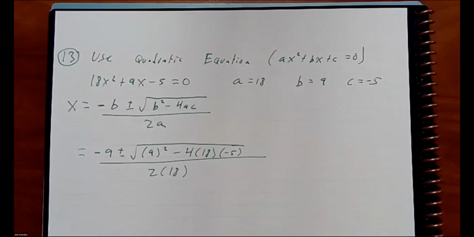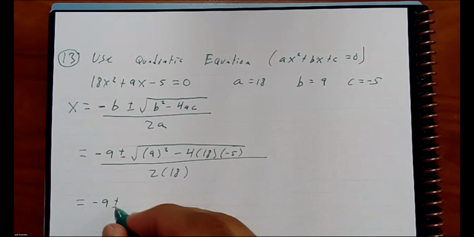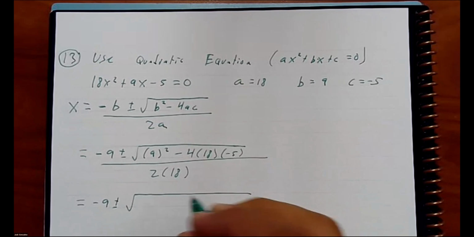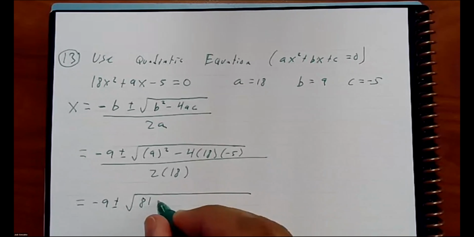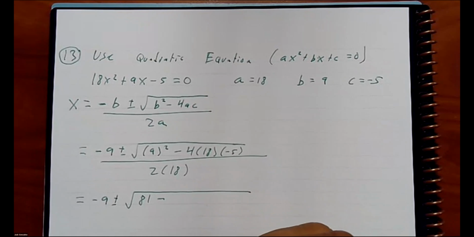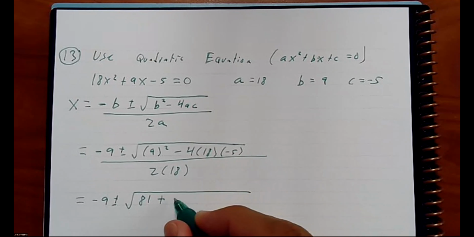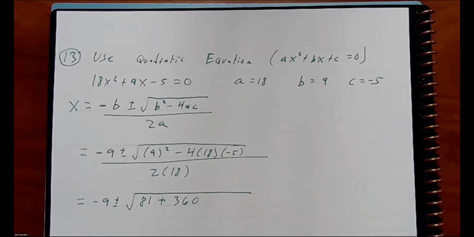Okay, so now just simplify, see what we get. That'll be 81 minus 4 times 18 times 5. So this would be negative and then positive, right?